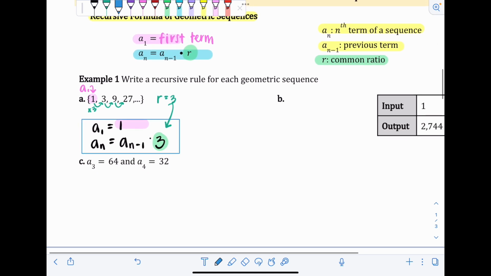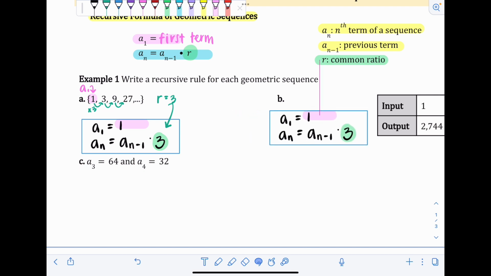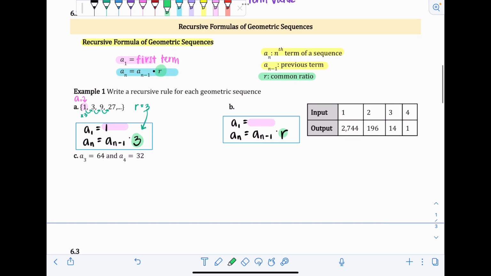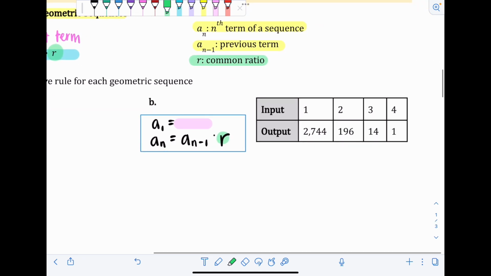Okay, same thing. I'm going to copy this one over, and I'll switch the letters back. So a_1, our first term, is going to go right there, and this was an r initially, so our r value will go there. Looking at our table, the input values are all of our term numbers.